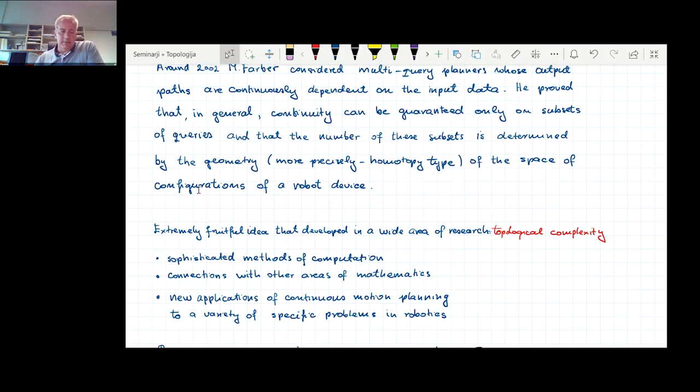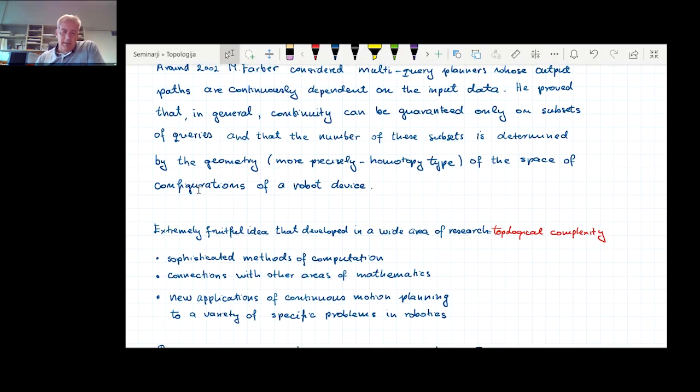So one of them is a computation of topological complexity, and from some initial relatively simple methods, it's becoming more and more sophisticated methods. So you have complicated situations, and then sometimes very advanced methods of computation of topological complexity. So it goes into hard problems in homotopy theory.